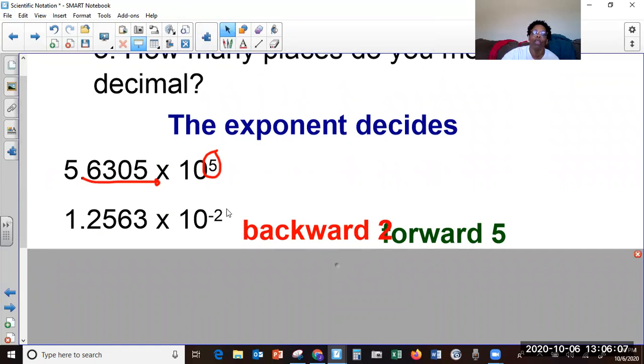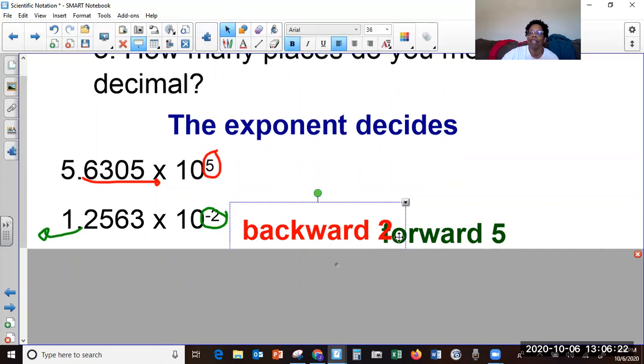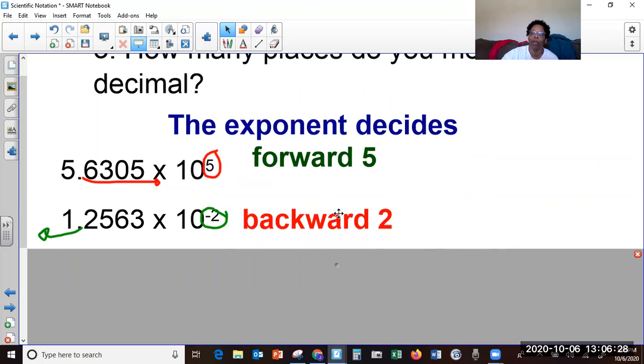So we're going to move 2 places backward to the left. So the exponent decides if we're moving forward and how many places, and if we're moving backward and how many places. The exponent. That's why this is very important.